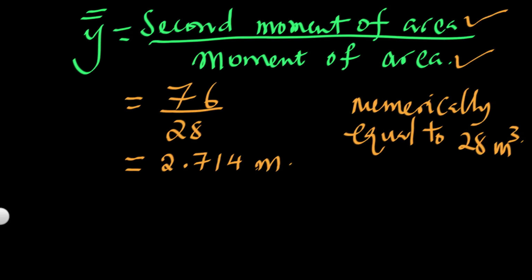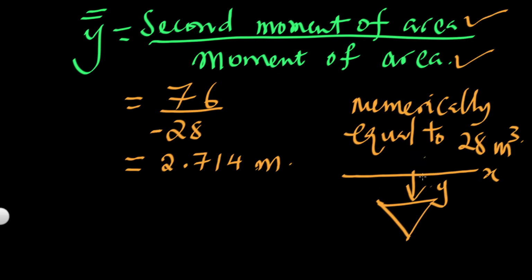We're not told the sign. But because of our sketch, where we had the x-axis and our area here was below the x-axis, it means this moment of area here is going to be a negative value, because the distance y here is a negative distance.